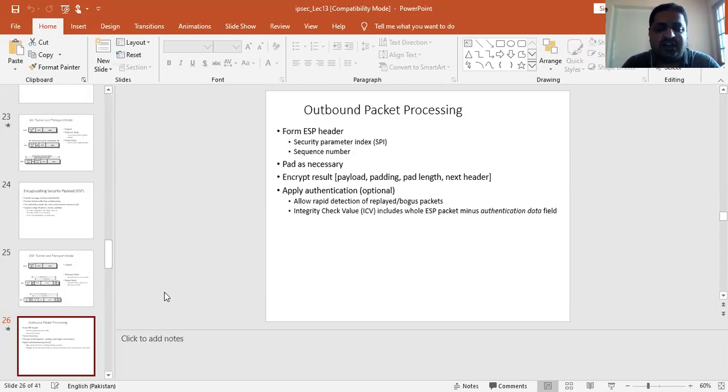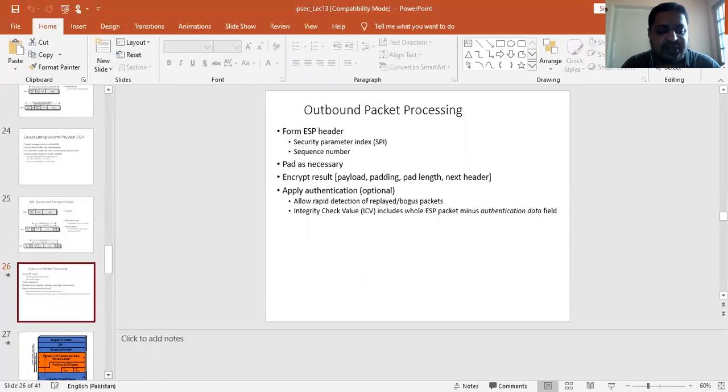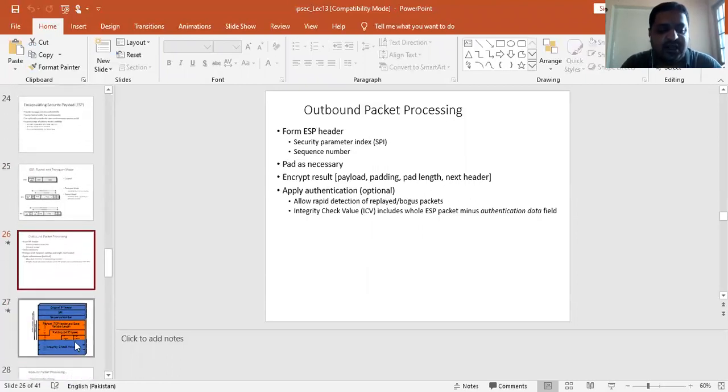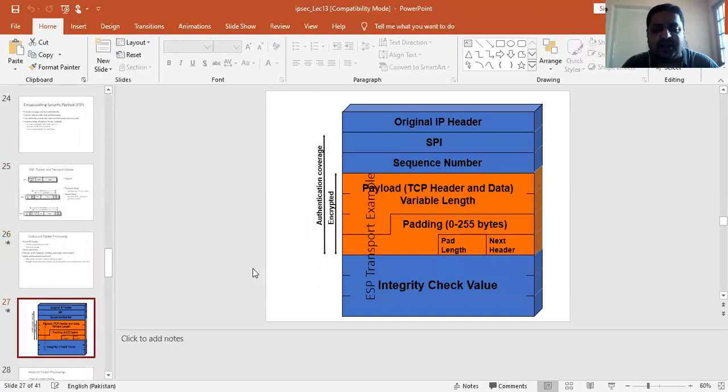So in this way, we have different protocols which are used to add fields to the packet that are required to provide authentication and encryption to the data. So different fields are used which are important to provide security to the data. This figure further explains the different fields which are used to add security to the data.